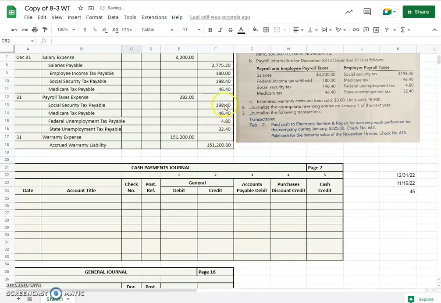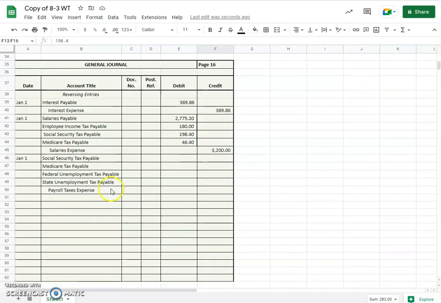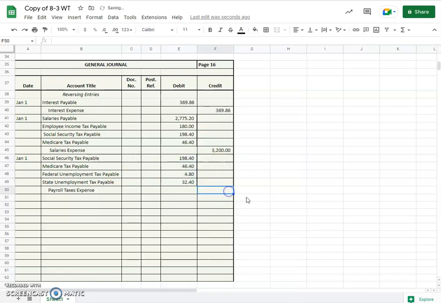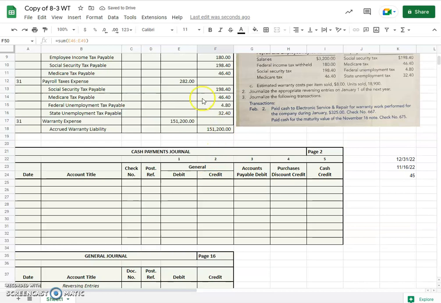The amounts right here, we'll just copy them and paste them, and then just make sure it's correct. We'll add them together. $282 is what we originally had, so that's good.